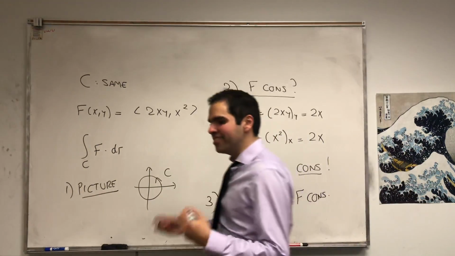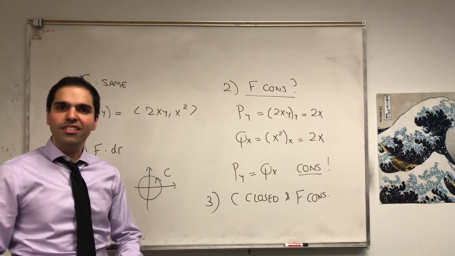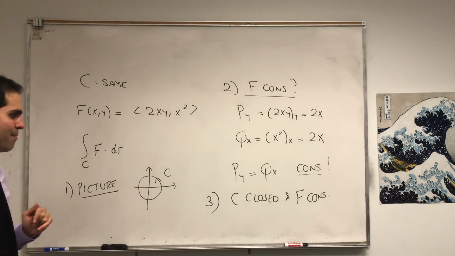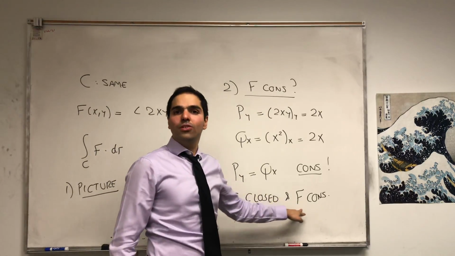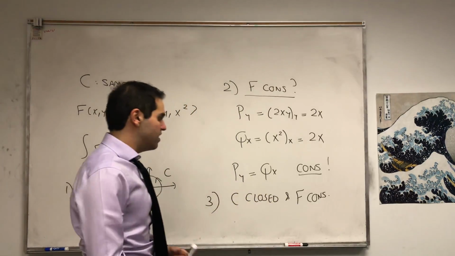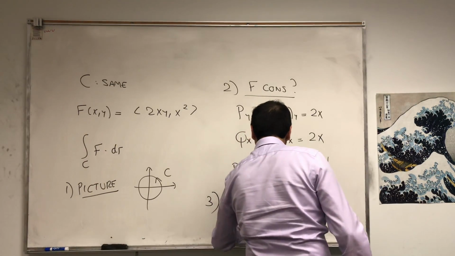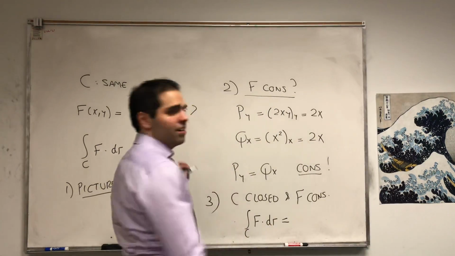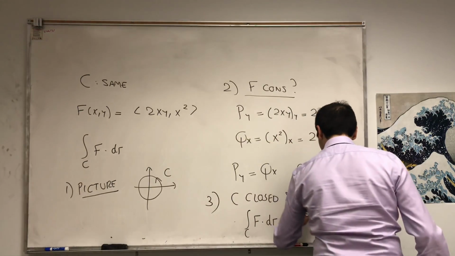And remember, there was this really nice property about conservative vector fields, which is in another video that's called path independence. And the nice thing is, if F is a conservative vector field and C is closed, then automatically the line integral of F over the curve C is 0.